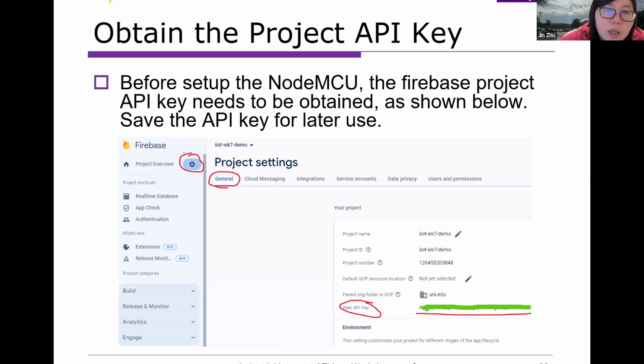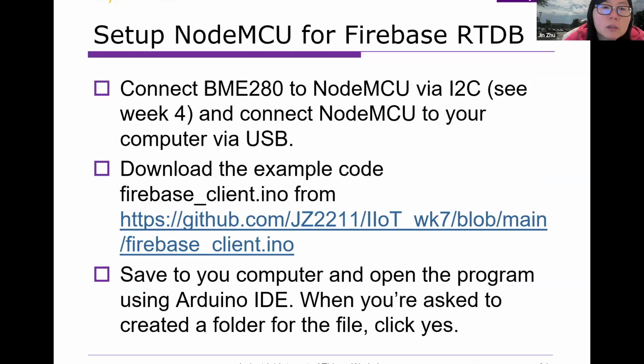Now download the code. Again, you are just getting the FirebaseClient.ino files from GitHub. Make sure you connect the BME280 sensor to the NodeMCU, of course.